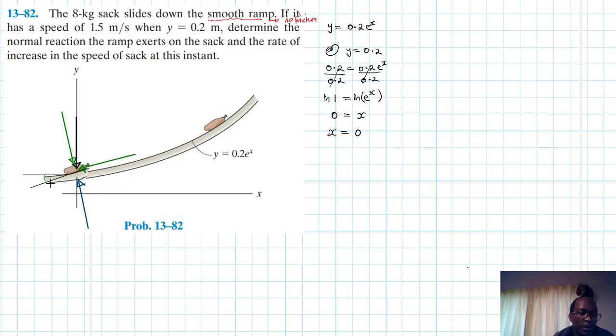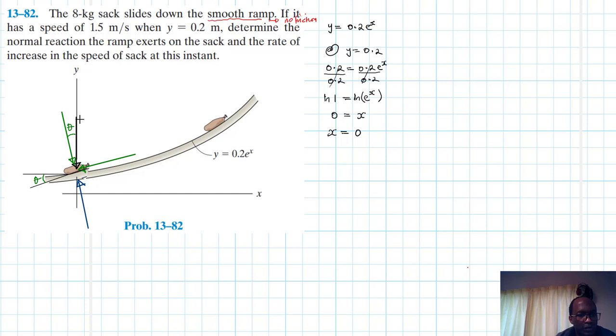This angle here we are going to call theta. This one here becomes 90 minus theta, therefore this is theta.